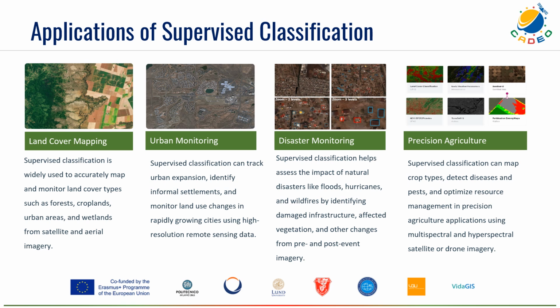Supervised classification also plays a crucial role in urban planning and management, enabling the accurate mapping and monitoring of land use patterns, transportation networks, and the growth of built-up areas by identifying residential, commercial, industrial, and recreational zones.